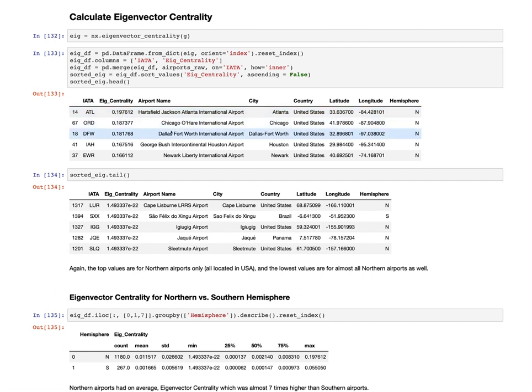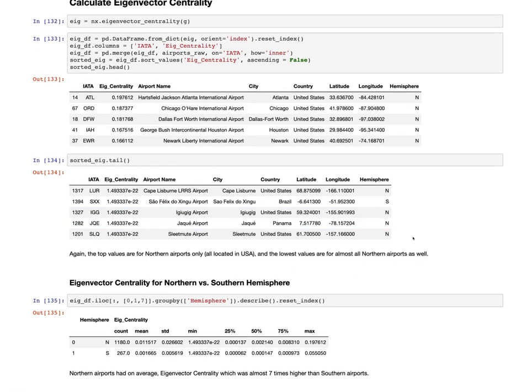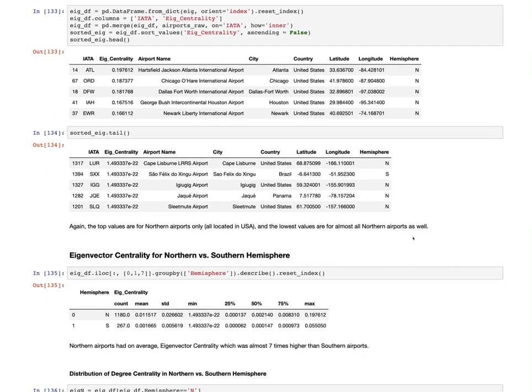Everything was low, under 0.2. But still, the highest ones were mostly or all in the north. Even the lowest ones were mostly in the north too. But again, that could just be because we had so many more data points in the northern hemisphere than in the southern hemisphere.